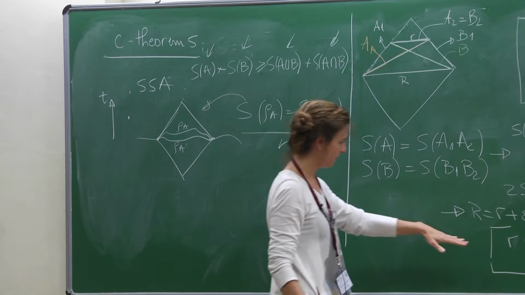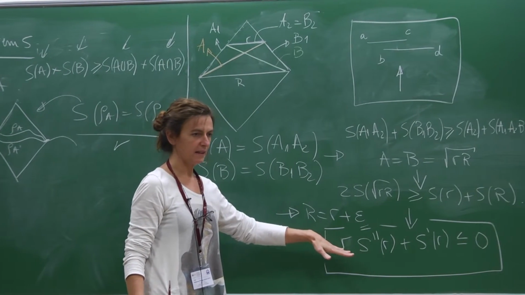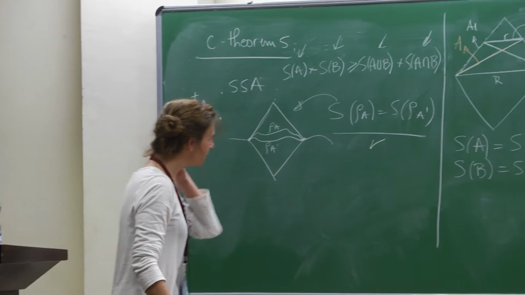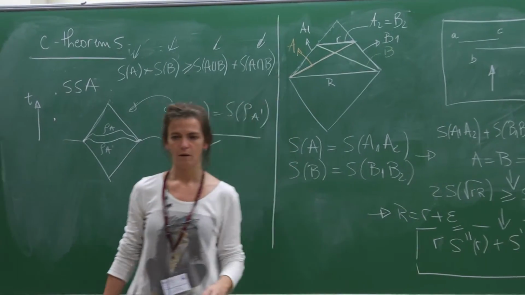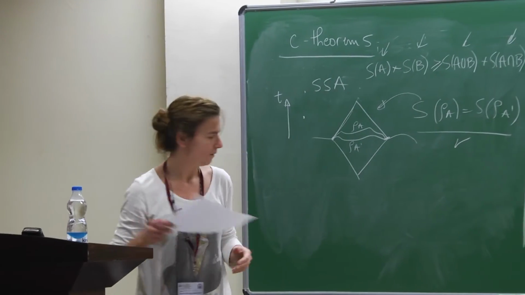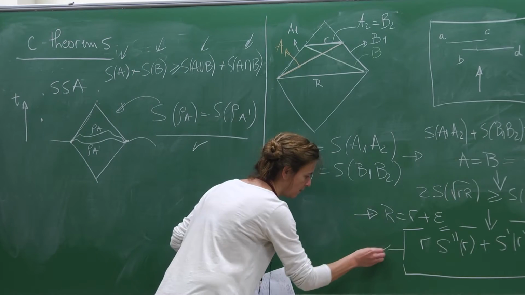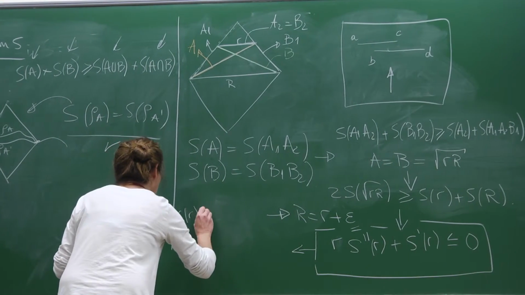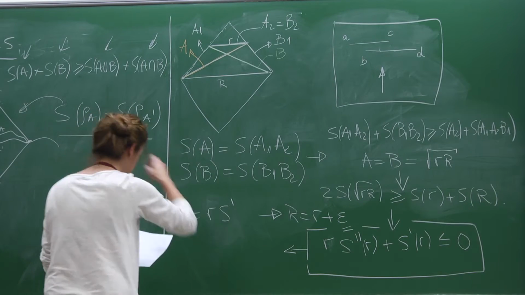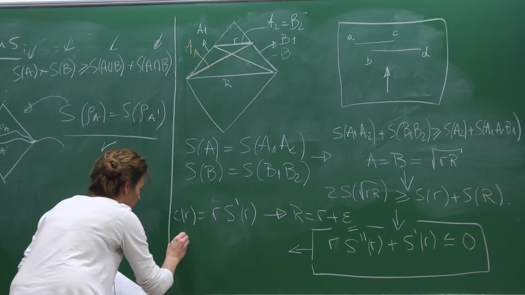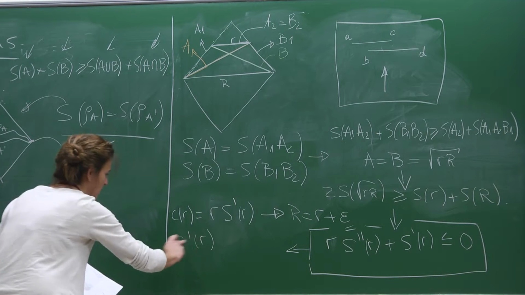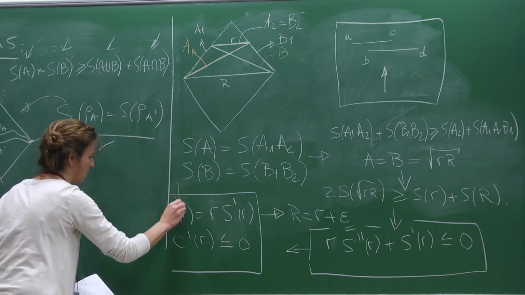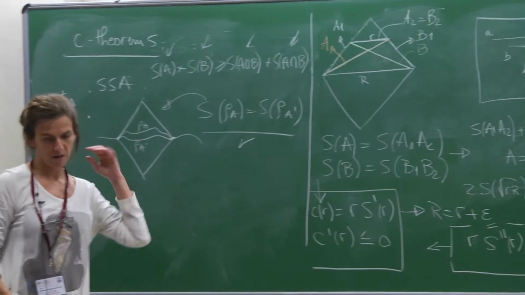And from here, you can read that it's possible to write a dimensionless function in terms of the entropy, in such a way that the derivative of this function is negative, and here we have a C theorem, okay?